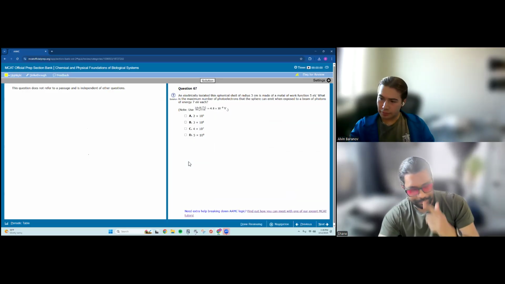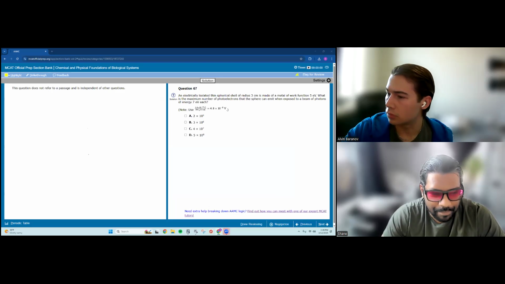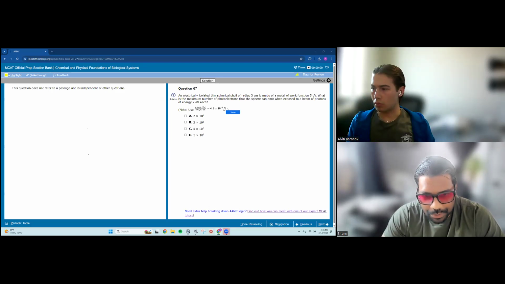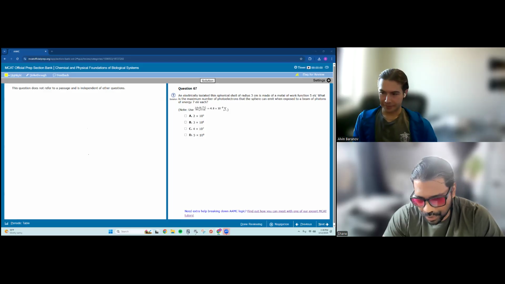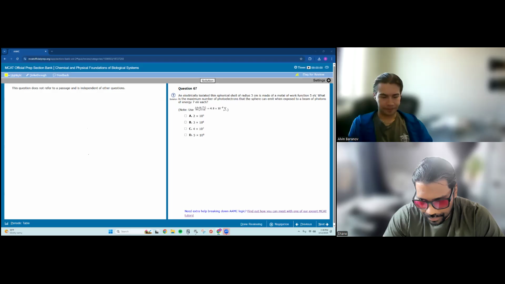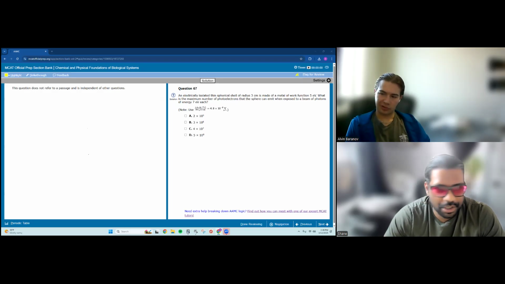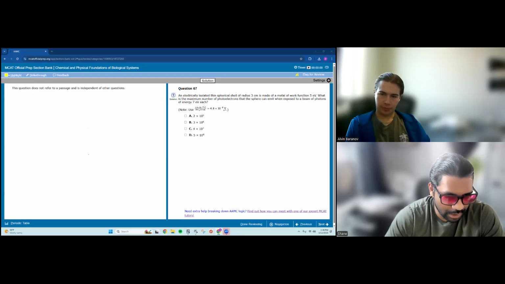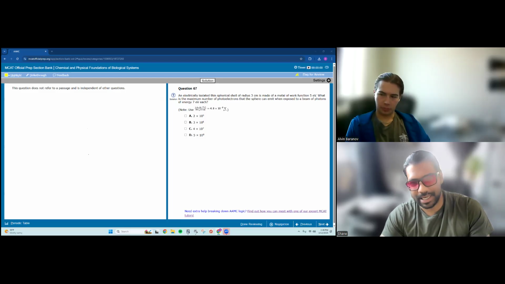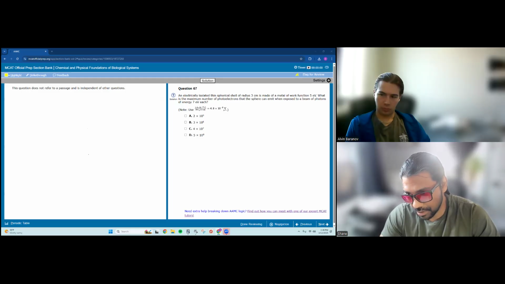So basically, a volt is equivalent to joules per coulomb, right? Yep. And the charge of one electron is 1.6 times 10 to the negative 19 coulombs.